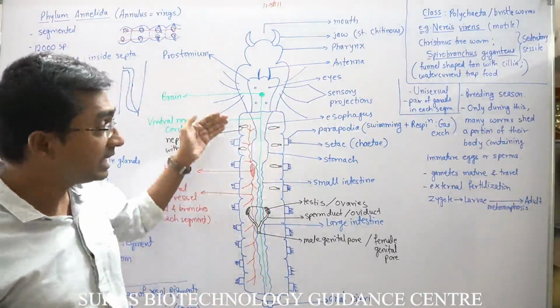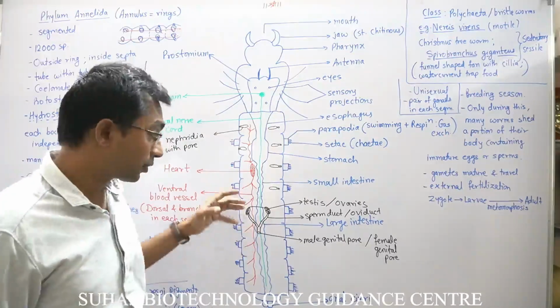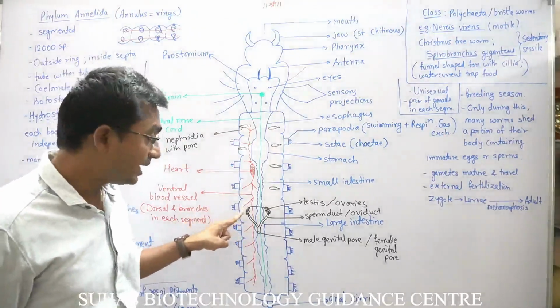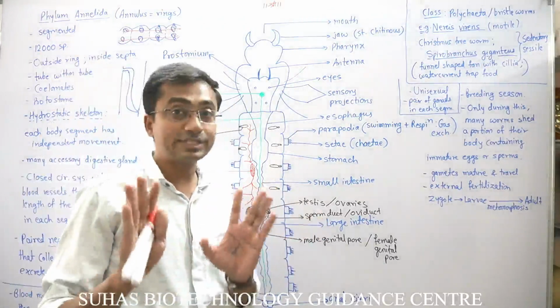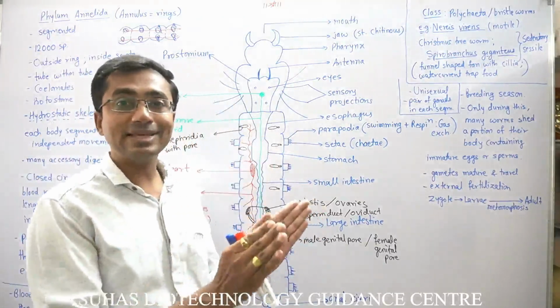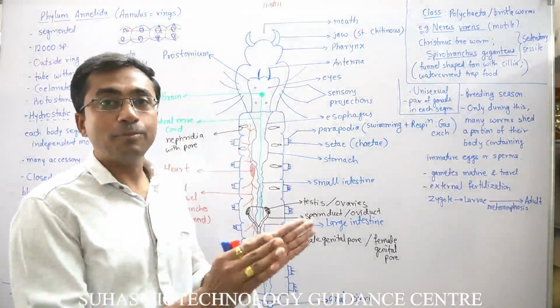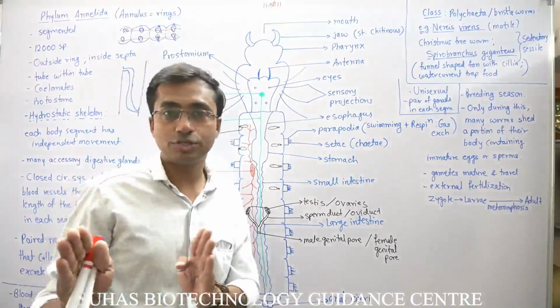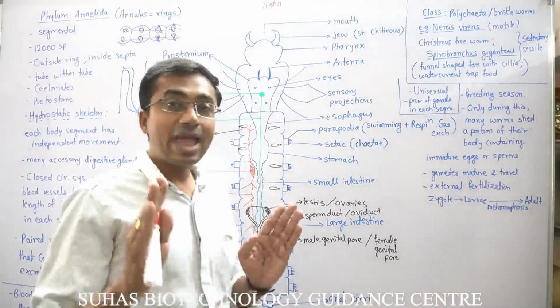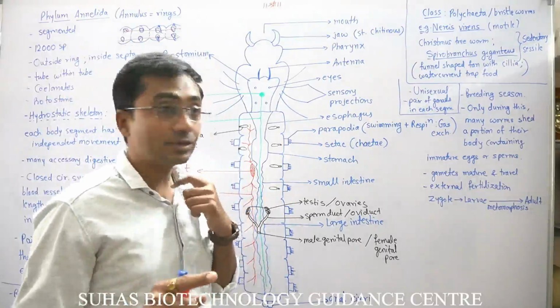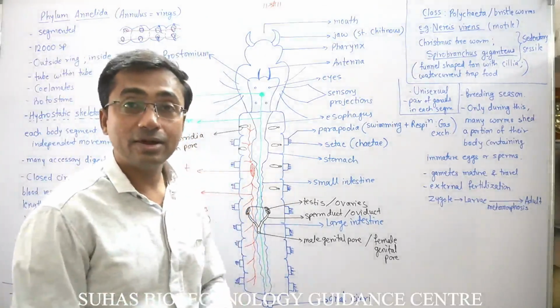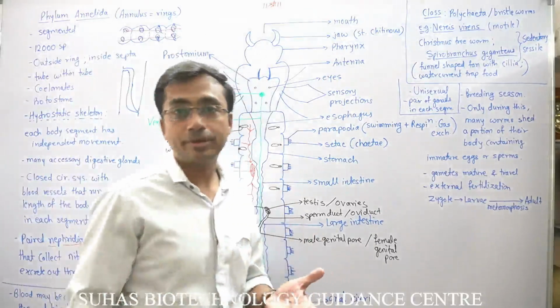Then let's come to their reproductive organs. First of all, they are unisexual, means male Nereis is different than female; a male polychaete worm is different than a female polychaete worm, and they have a pair of gonads in many parts of their body.